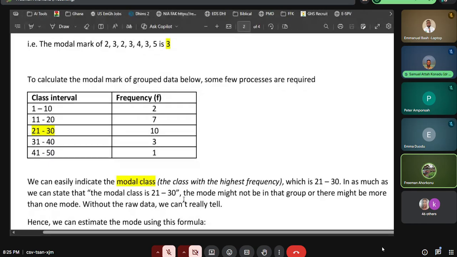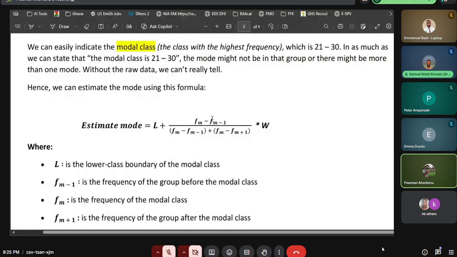That's the meaning of this thing. And this one means what? Frequency of the class after the modal class. That is all we are doing.